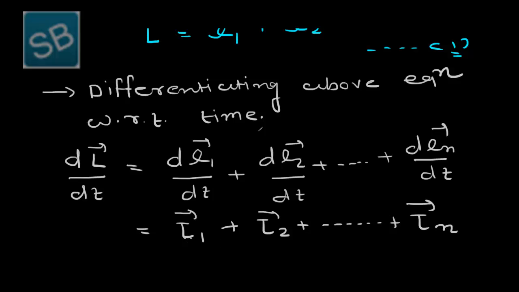I can generally write dL by dt equals tau, and this is the total torque of the system, remember.